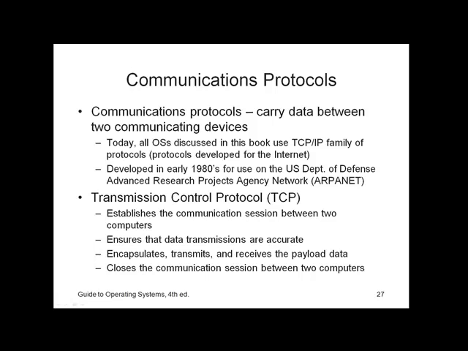Now, TCP, the first set, Transmission Control Protocol, is responsible for establishing the communication session between two computers, and it ensures that the data transmissions are accurate. It encapsulates, transmits, and receives the payload data, and it closes the communication session between two computers.